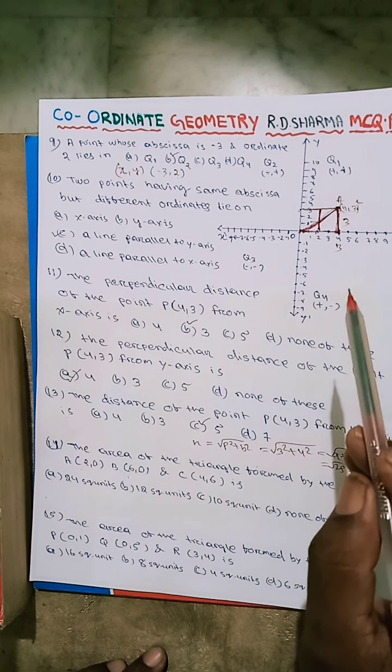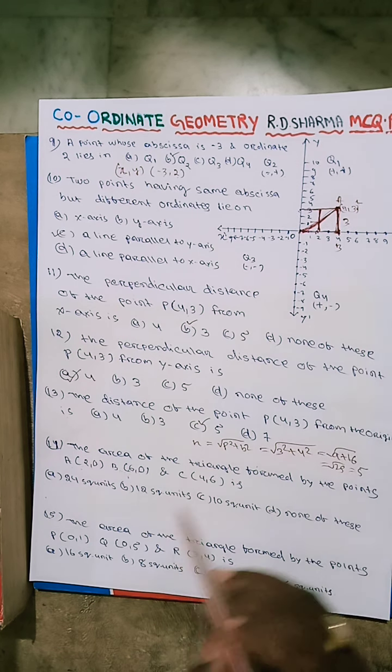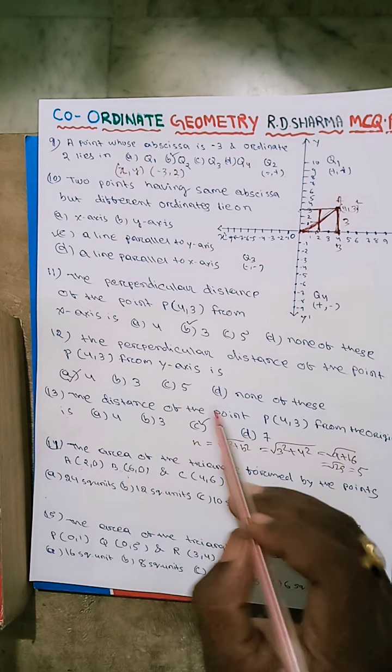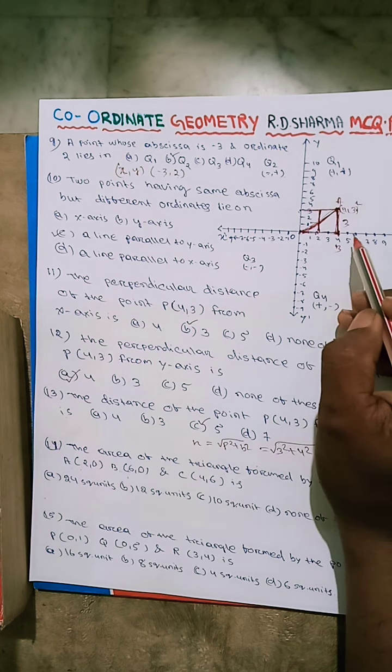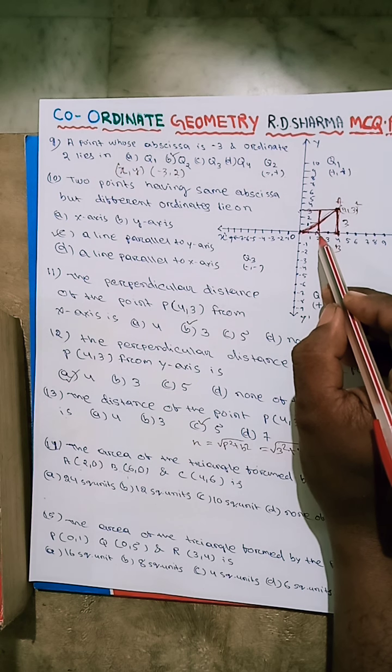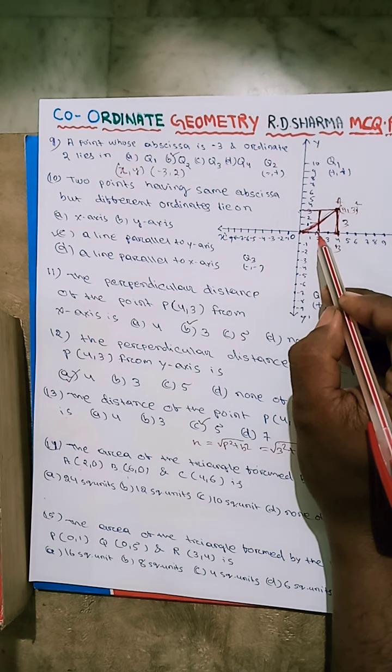Now, look at the diagram. Ordinate same, A (2, 0), mark the point A (2, 0). A (2, 0) means this point.